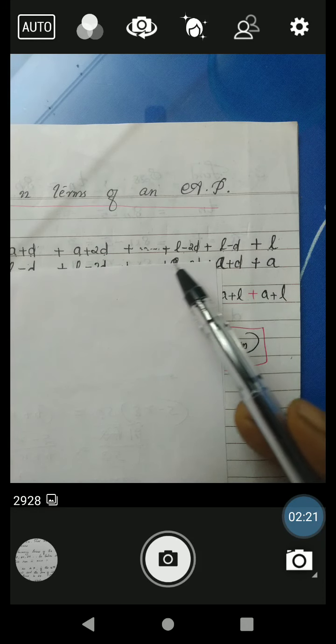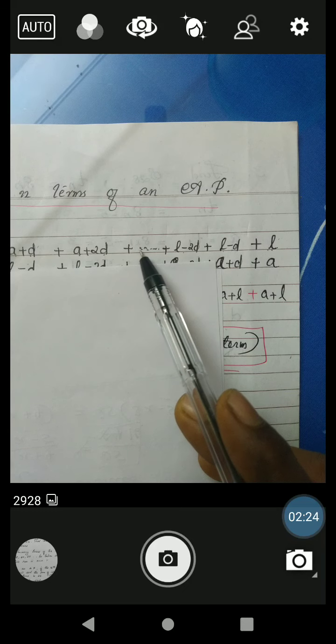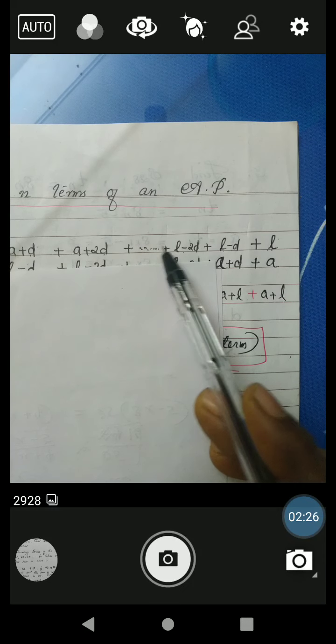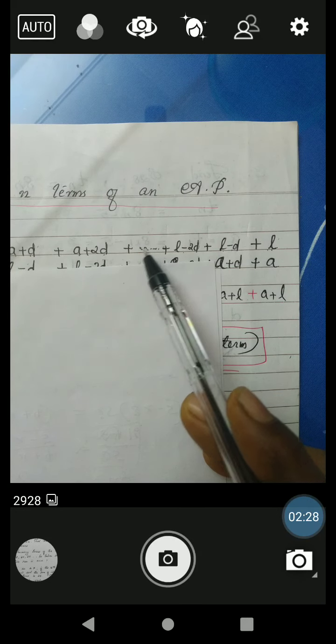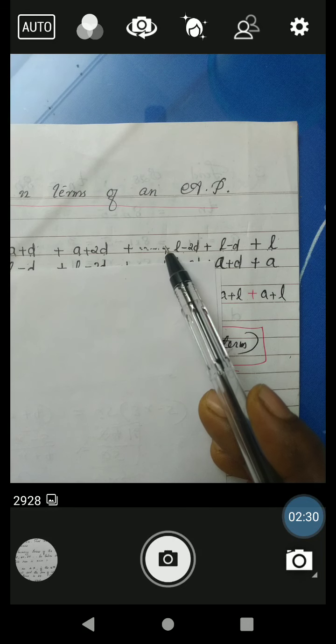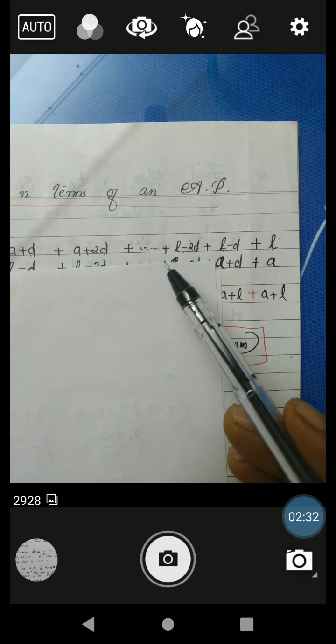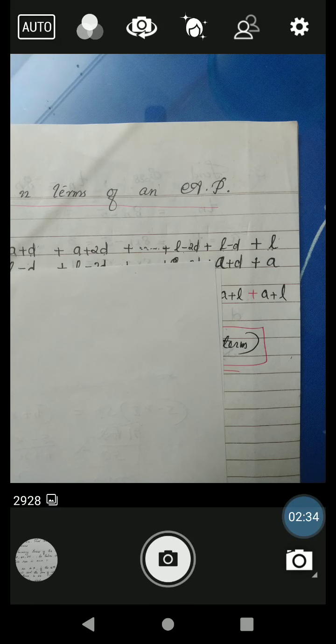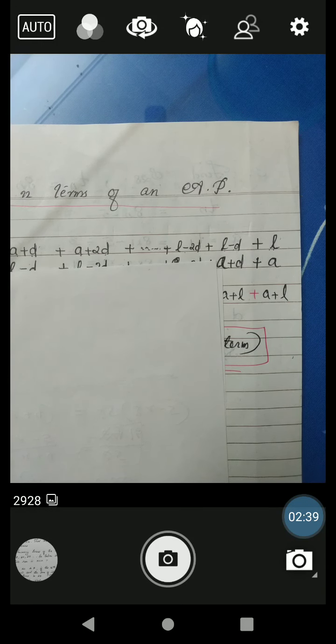We don't know how many terms there are in between, and we are trying to make the formula for the sum of n terms of an AP.